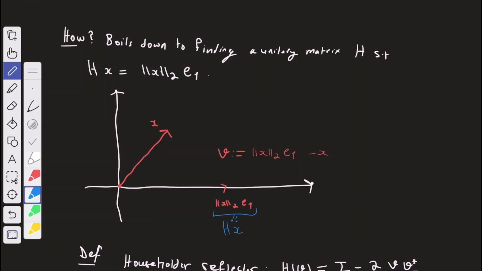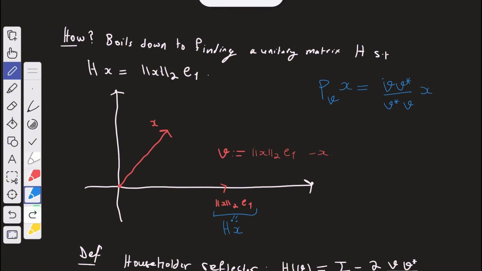Here there's a simple trick that we want to recall, which is: what is the projection of a vector x onto a vector v? This is simply v star over v star v times x. This is the definition of the projection of x onto another vector.